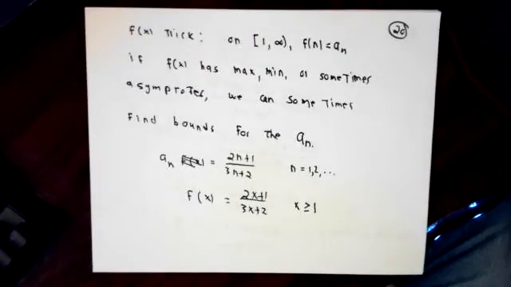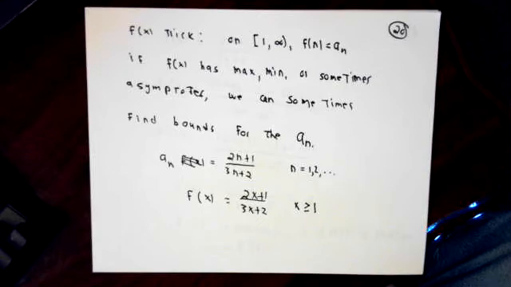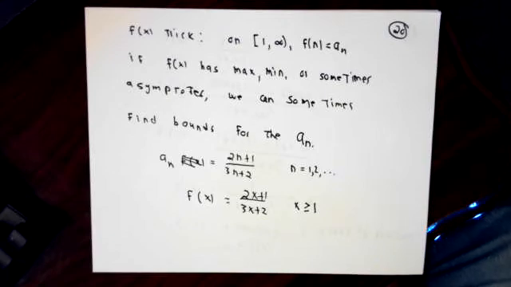As a third variation on the f of x trick, suppose that you have on the interval from 1 to infinity a nice function f of x, and as usual f evaluated at n equals a sub n. If this f function has a maximum or a minimum, or even sometimes a horizontal asymptote, we can sometimes figure things out about bounds for the a sub n.